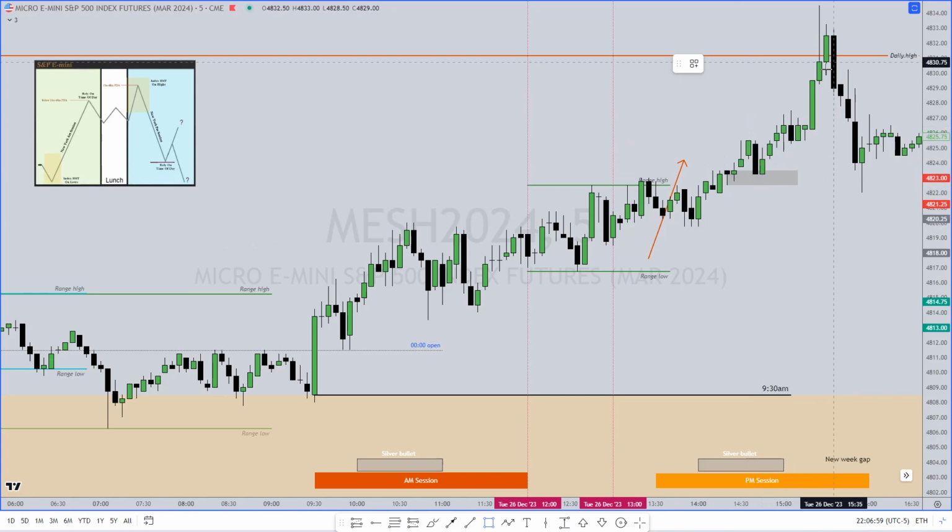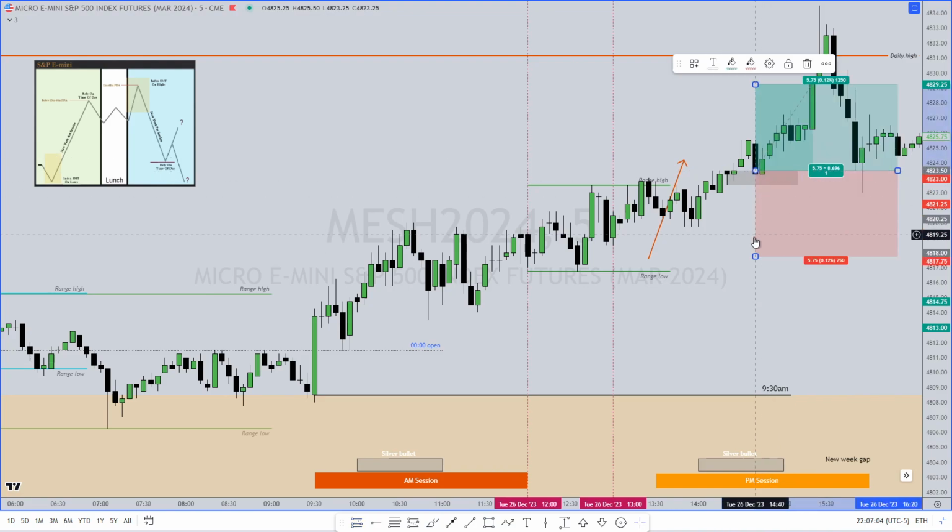But it will give you a piece of the move that is sufficient to satisfy a 5-handle run up to that daily high.